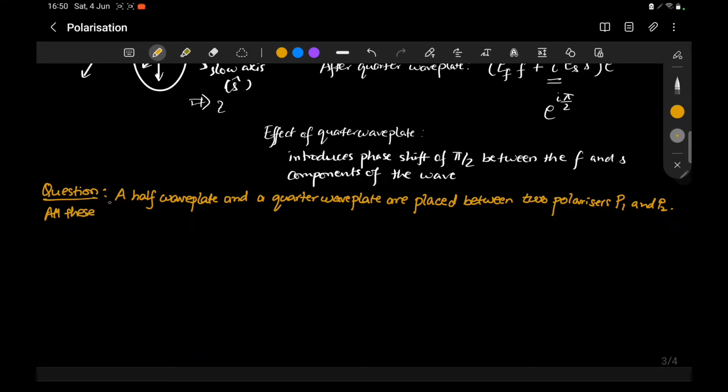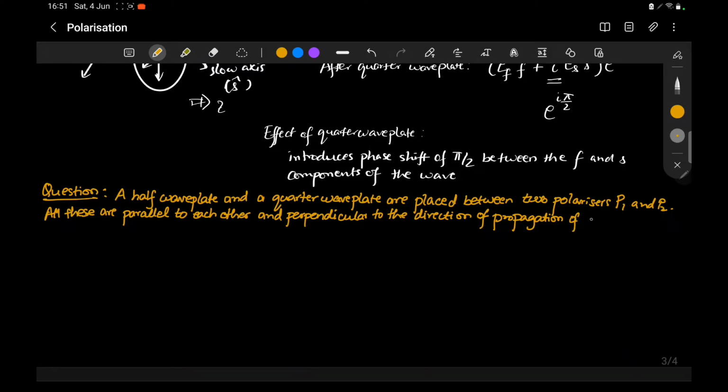All these are parallel to each other and perpendicular to the direction of propagation of light.